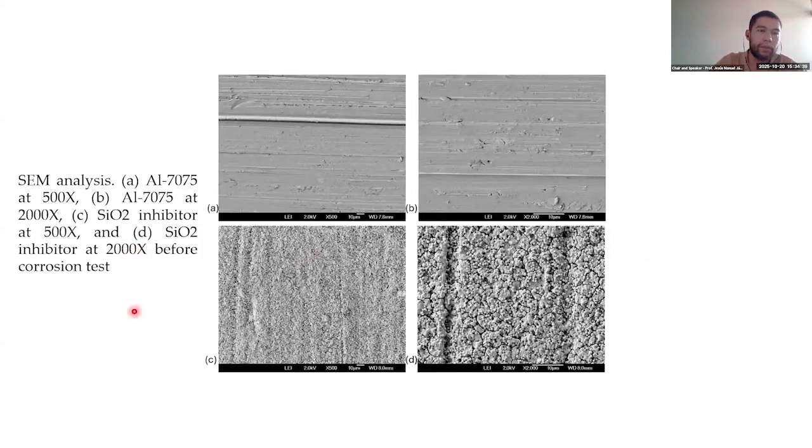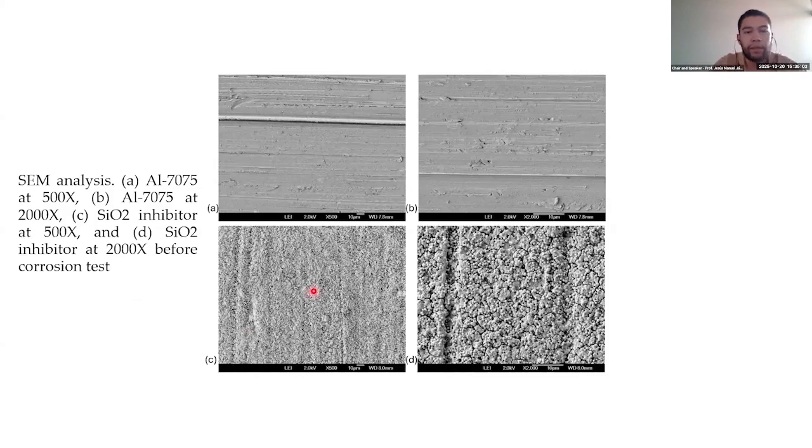Well, our results. The first results are those obtained before the corrosion test. In the figure, A and B are the aluminum before applying the coatings, and C and D are the aluminum after applying the coating.